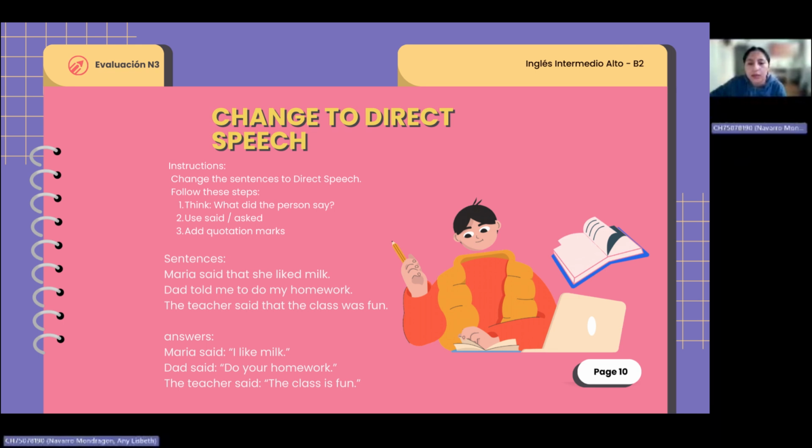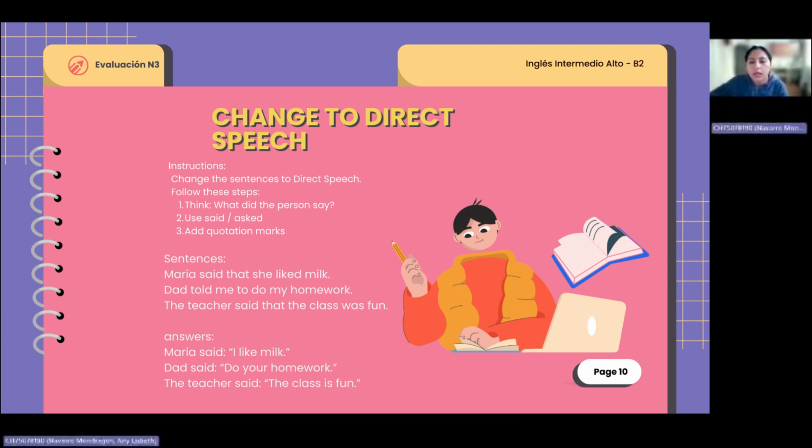In this example, we change from indirect speech to direct speech. We use Maria's exact words. We use quotation marks. That's it. "Do your homework."